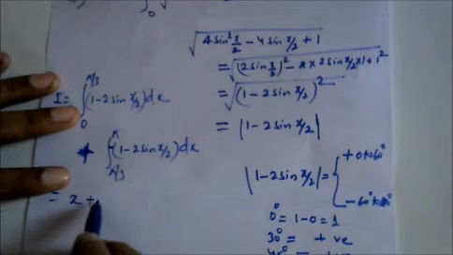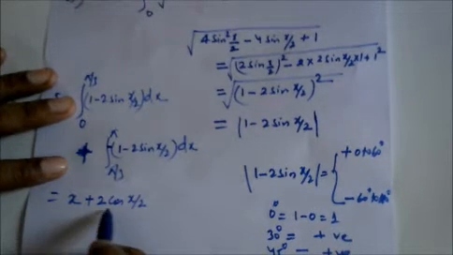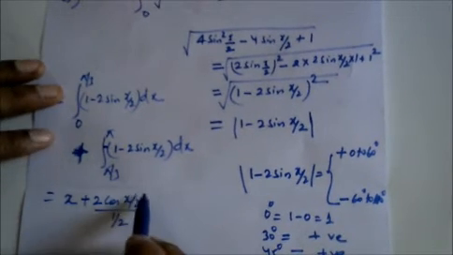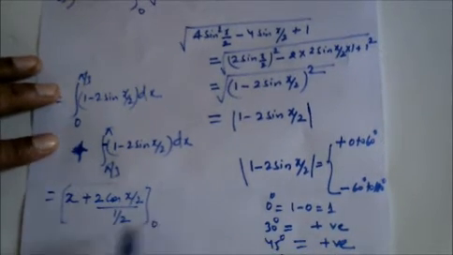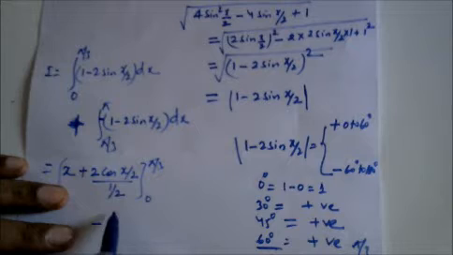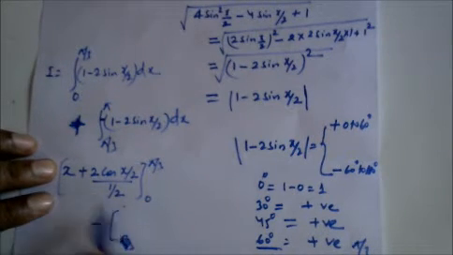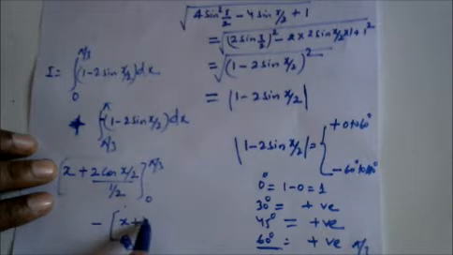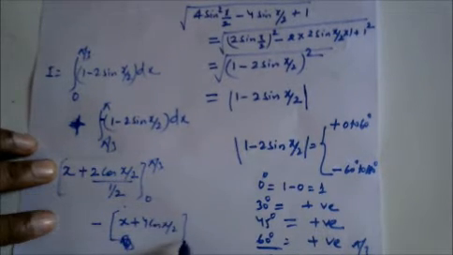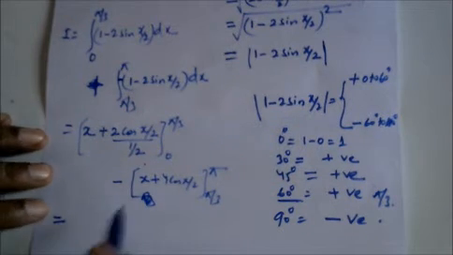So it will become 2 cos x by 2 divided by 1 by 2, from 0 to pi by 3, and then minus again pi by 3 to pi. Okay, same will be there. So it is what? x, and this one will go, so it will become 4 cos x by 2, pi by 3 to pi. Okay, right. So now let us solve it.